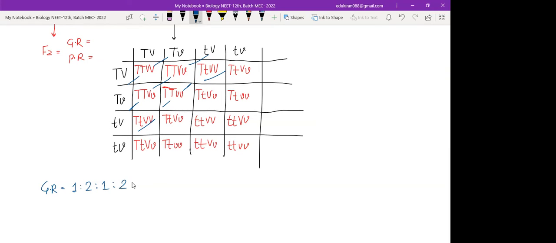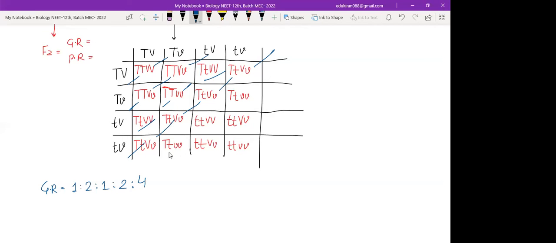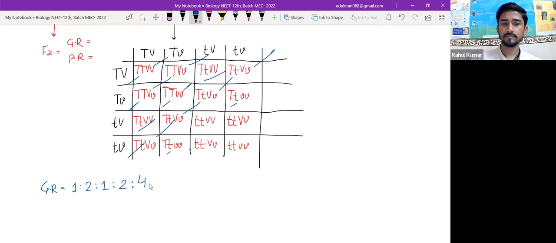Yes. So 2. Then this whole diagonal is the same. All these 4 are the same. Can you see that? Yes. Then again, these 2 are the same. This is unique.